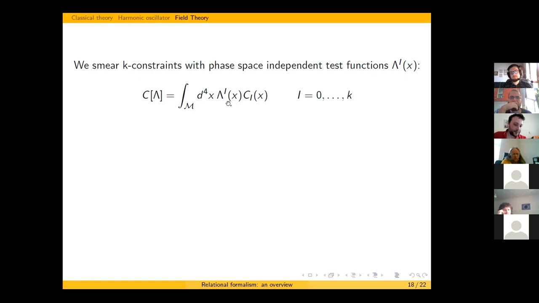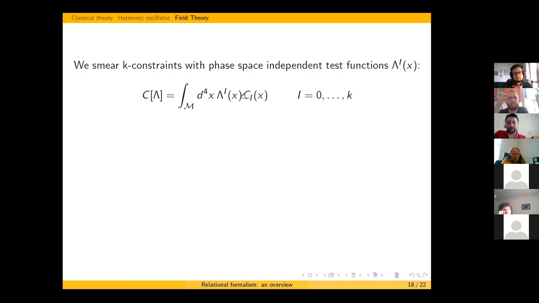Now, this is done for several reasons. The first reason is that it may happen that at some point these constraints are singular. So if we smear, we might remove the singularities and have well-defined quantities.